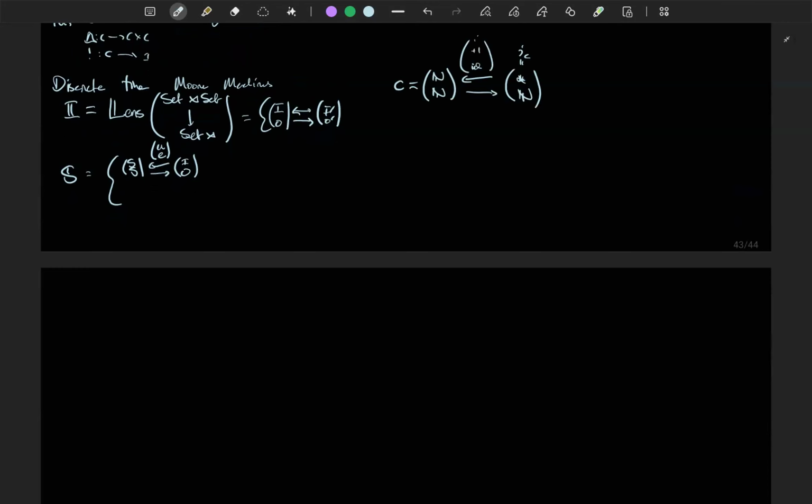So what does that +1 mean, really? We're taking the natural numbers times the set with a single element, going to the natural numbers, and we take n, comma, dummy element, and we go to n+1. So this is a clock.